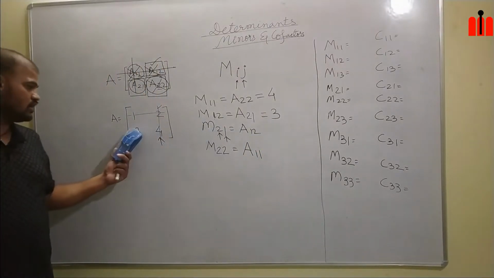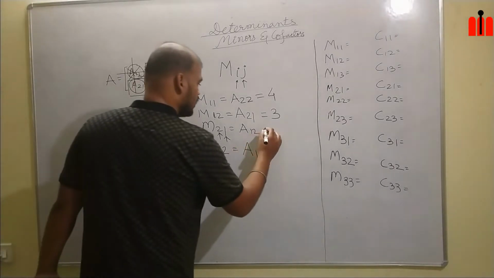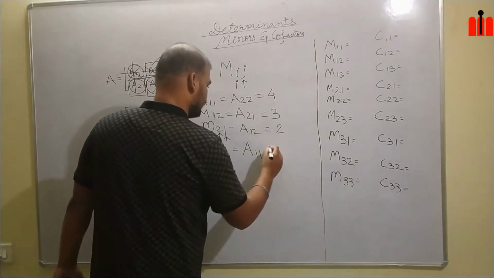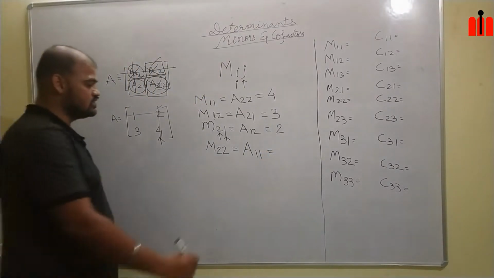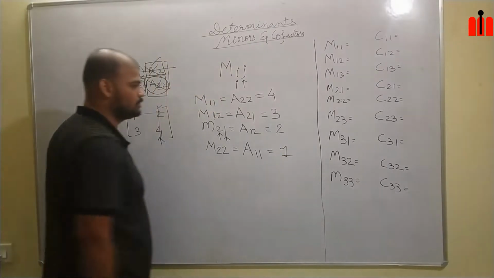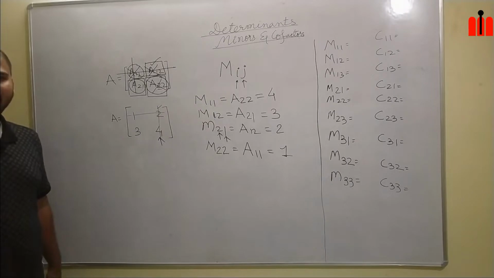For M21, it is the A12 element, so it will be 2. And for M22, the element is A11, which is 1. Okay, this is how we need to find minors.